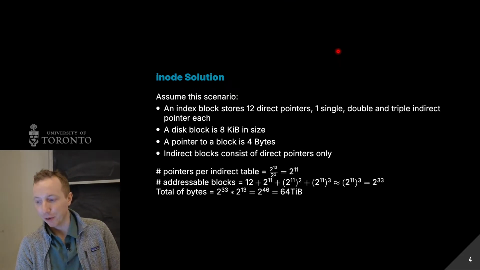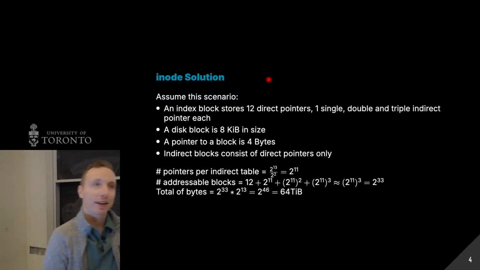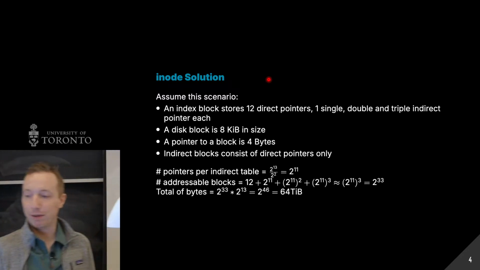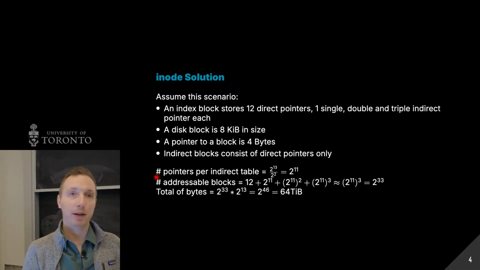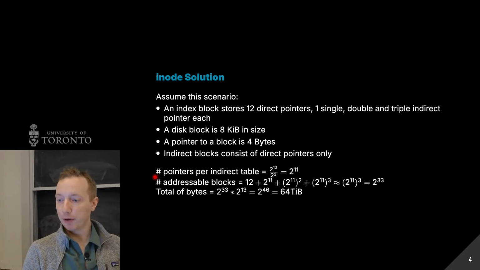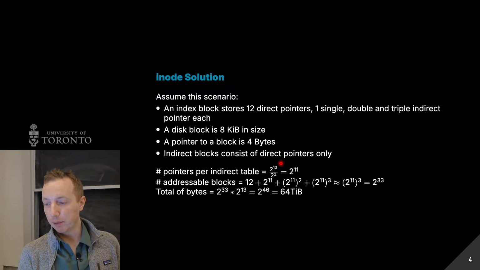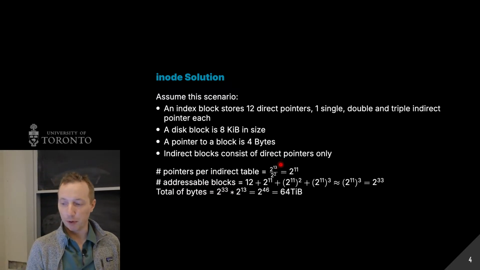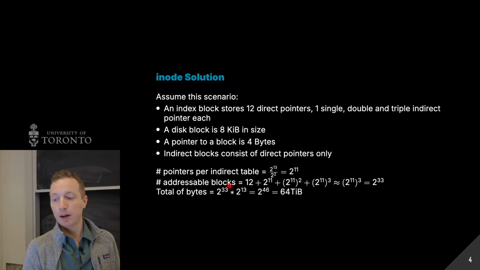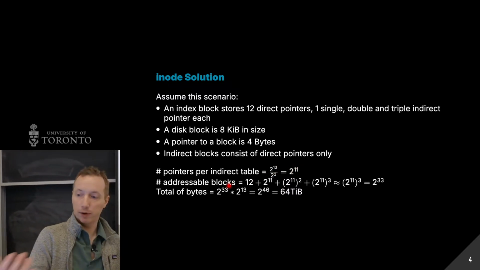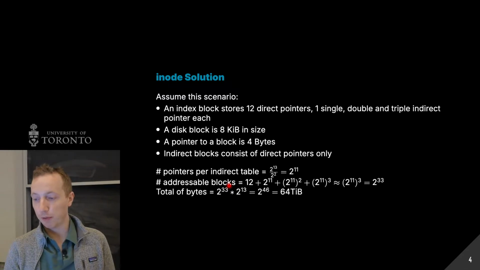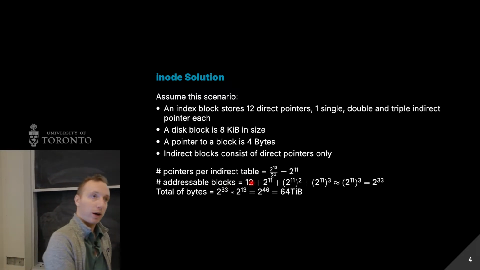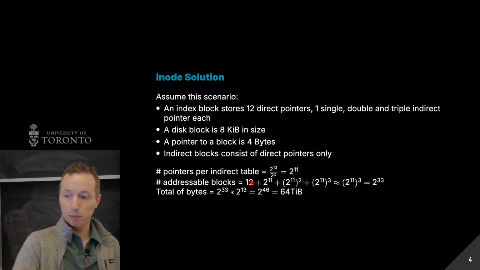In this case, if you wanted to figure out the maximum size of a file, you could, like we did before, figure out the number of pointers that fit on a block. I won't redo that. It's the size of a block divided by the size of a pointer, so 2 to the 11. The total number of addressable blocks for this file: 12 are direct, so they point to a block.